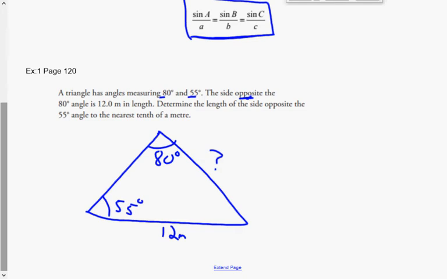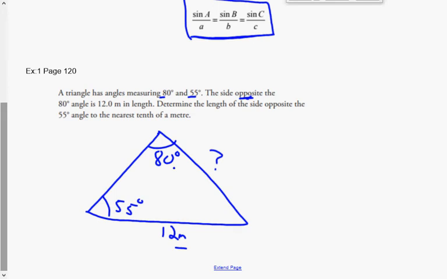So sine 80 over 12 equals sine 55 over x. This is the angle I have, and I have this opposite side, so that's sine 80 over 12. Now it doesn't matter which ones you use, like sine A and sine C, or sine A and B, B, C, C, A, it doesn't matter. It's all the same.